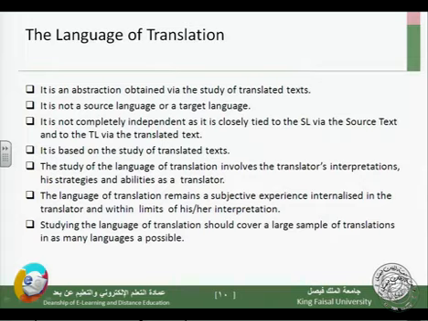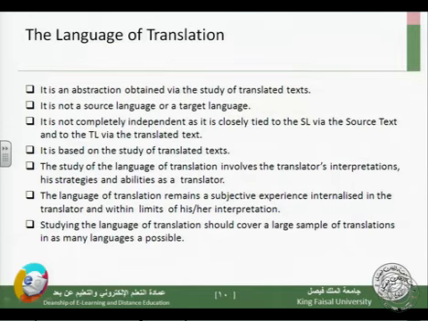Now this is element number 5. Number 5 is the language of translation. So we have element 1, the source language, the source text, the translator, the translated text, now the language of translation.